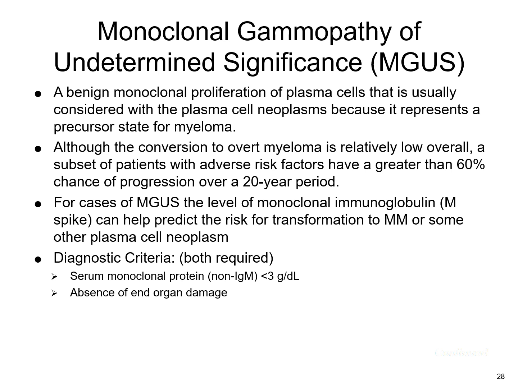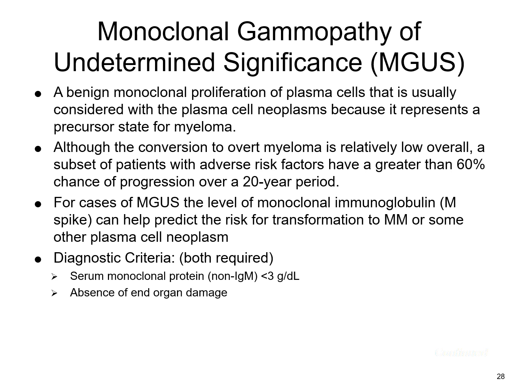Now, for cases of monoclonal gammopathy of undetermined significance, the level of the actual monoclonal immunoglobulin, or M spike, can help to predict the risk for transformation to a multiple myeloma or some other type of plasma cell neoplasm.